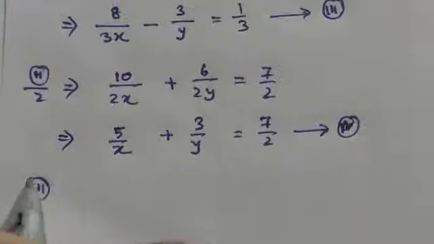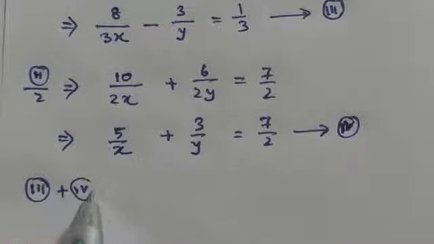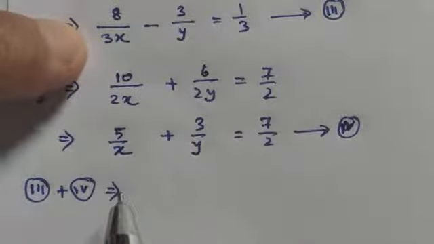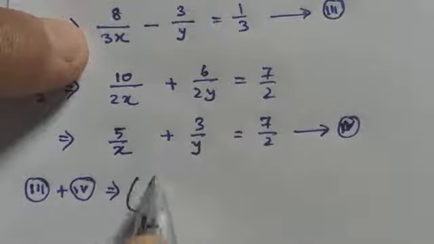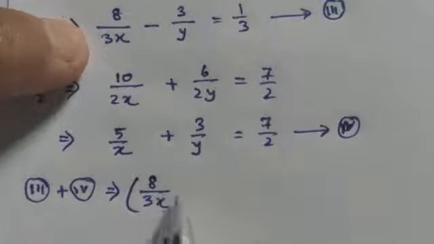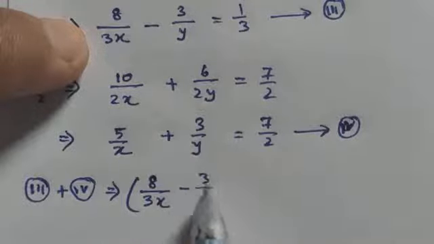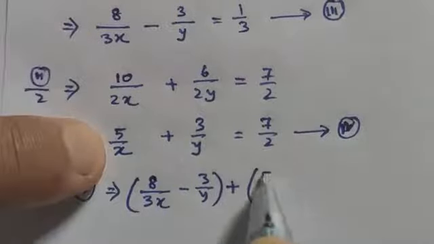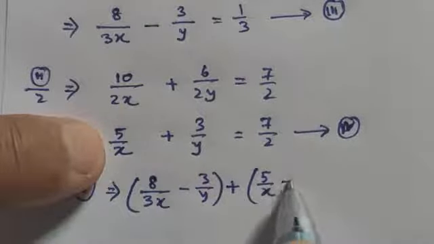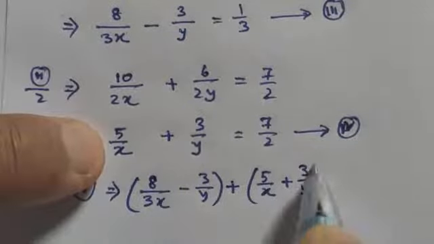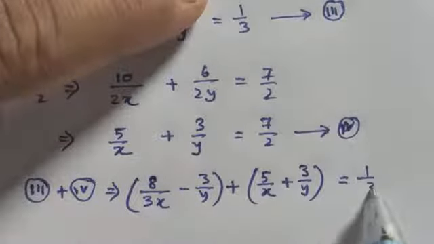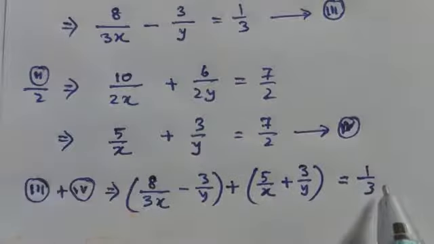Equation 3 plus equation 4 will give us, what is equation 3 here? That is 8 by 3x minus 3 by y plus 5 by x plus 3 by y. That side it will be 1 by 3.